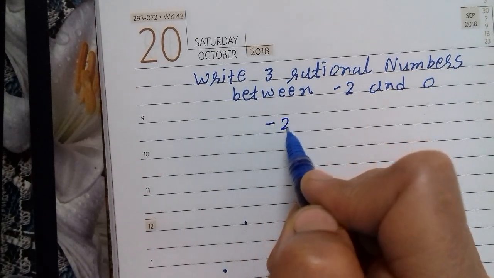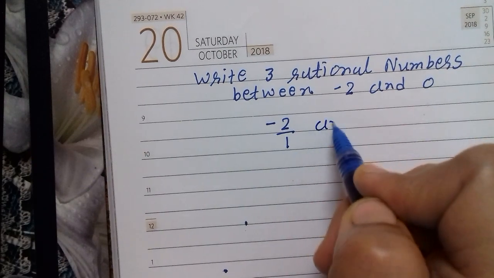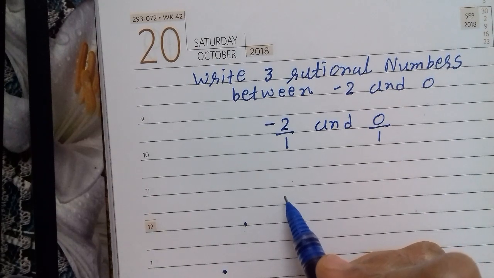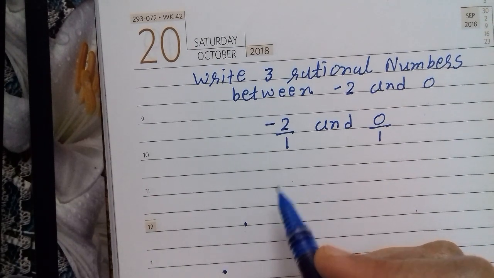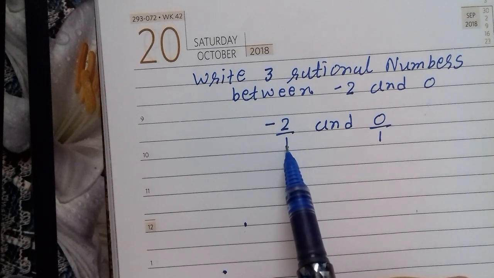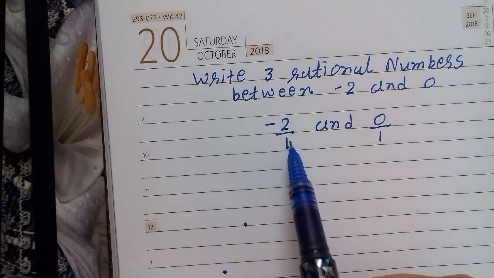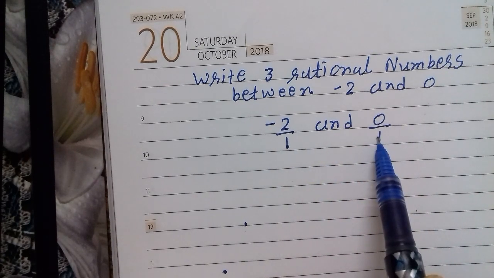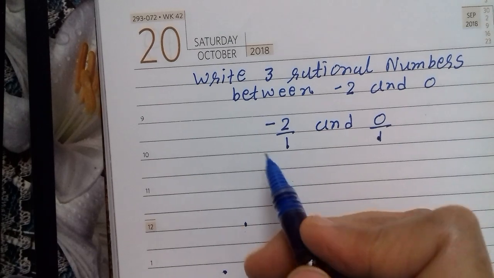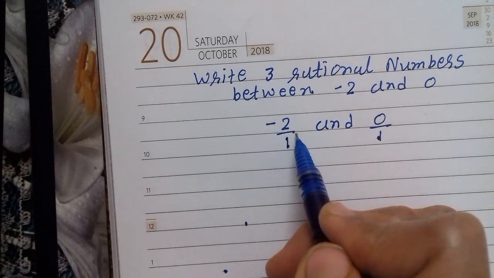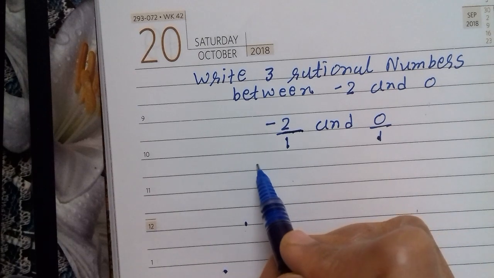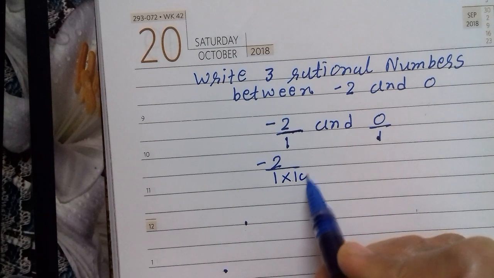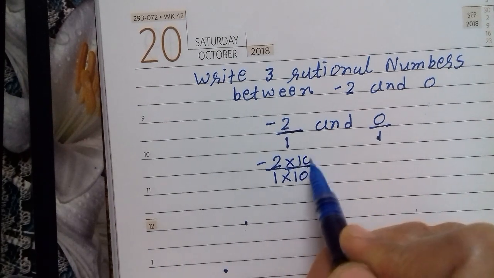-2 can be written as -2/1 and 0 can be written as 0/1. We first convert. Here the denominator should be the same. You can multiply 1 by any number. Suppose I multiply 1 by 10, both in numerator and denominator.